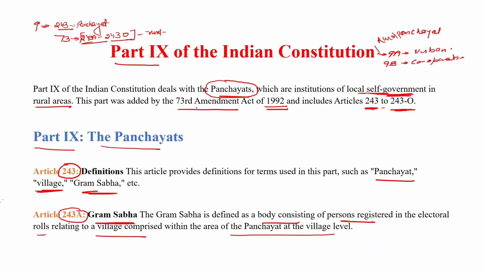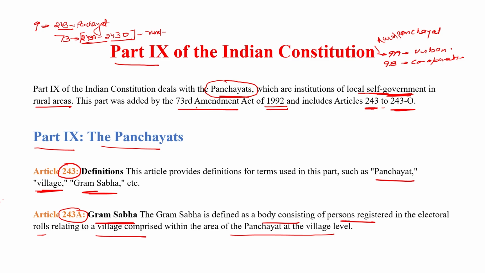In this class, we have simply discussed three points. First is rural panchayat, second is urban panchayat, and third is cooperative societies. The rural panchayat is mentioned under Part 9 of the Indian Constitution. The urban panchayat is mentioned under Part 9A, and cooperative societies under Part 9B of the Indian Constitution.